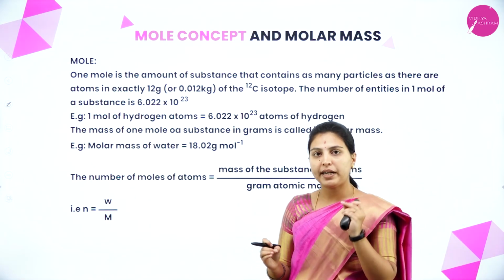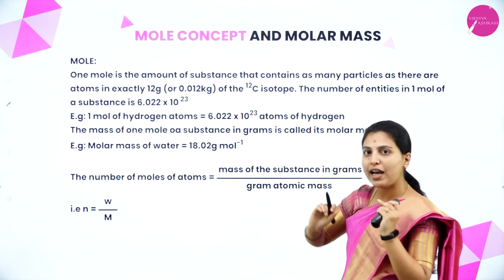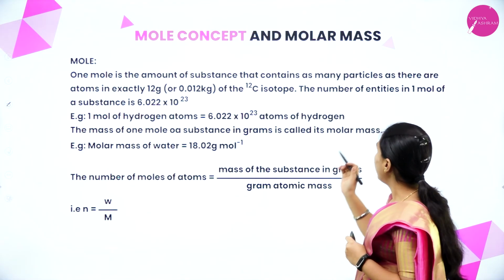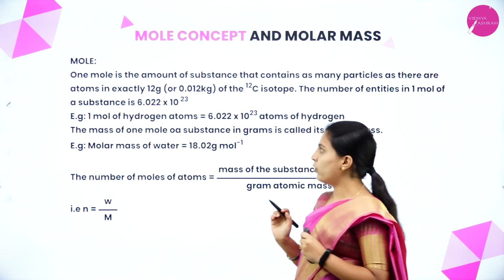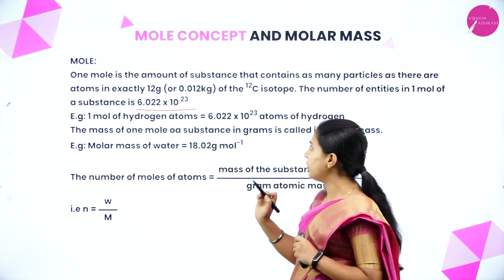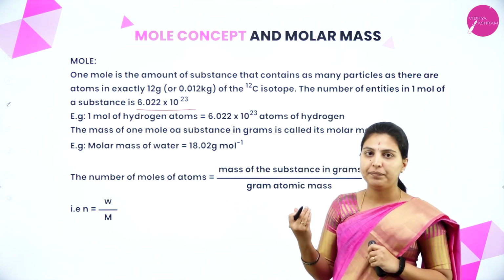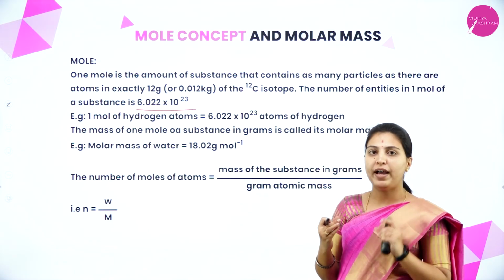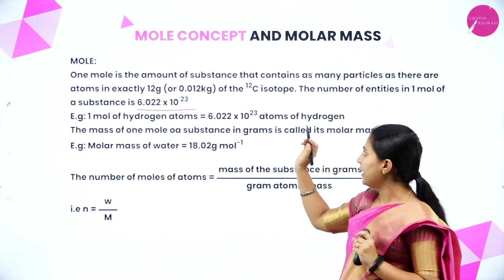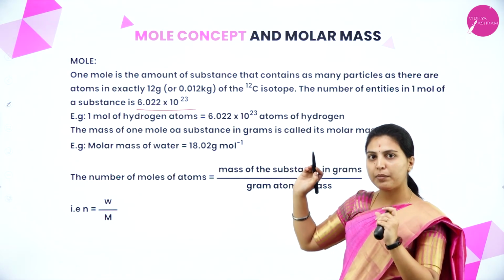The atoms or particles present in 12 grams of carbon-12 are equivalent to 1 mole. The number of entities in 1 mole of a substance is 6.022 into 10 to the power of 23.